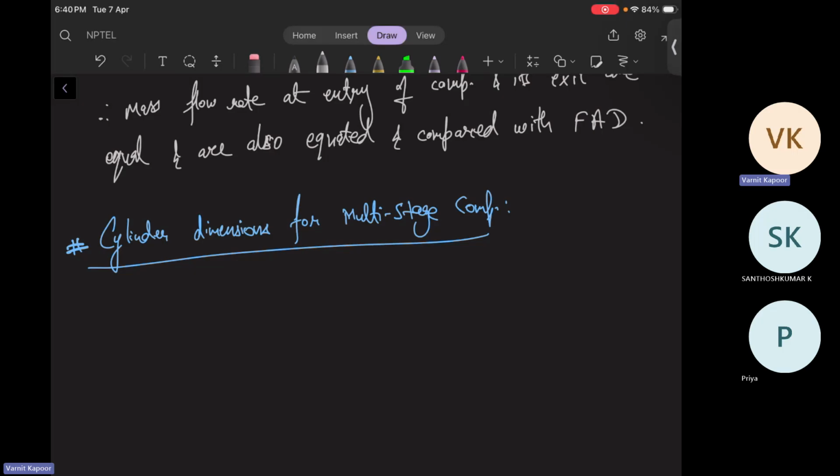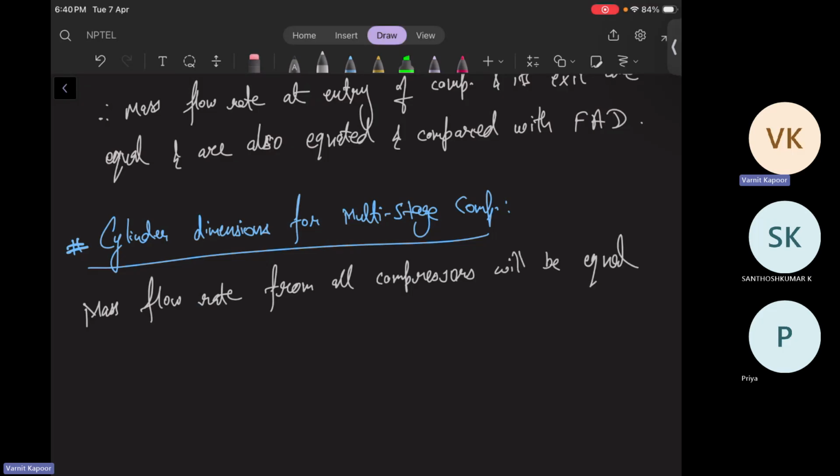Whatever mass has passed through the first cylinder, it will be equal through the second as well as the third and so on, depending on the number of stages you are using. So the mass flow rate from all compressors will be equal in a multi-stage compression cycle.